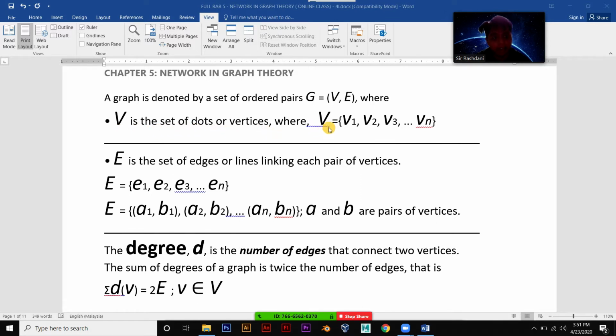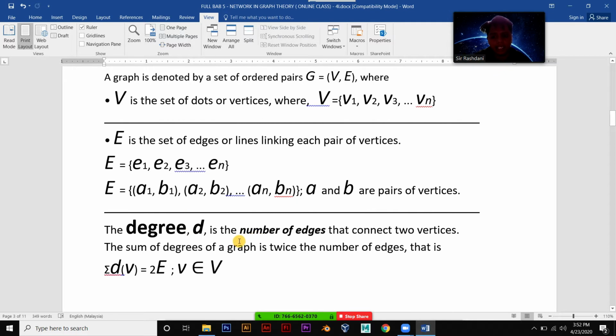Remember, V is a set of dots, and then E is a set of edges: E1, E2, E3, and En. For this one, E equal to A1, B1. This is the pair of edges, the pair of vertices.